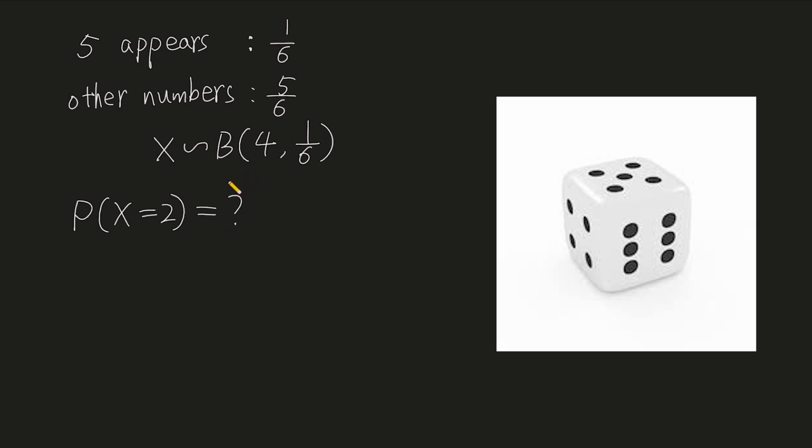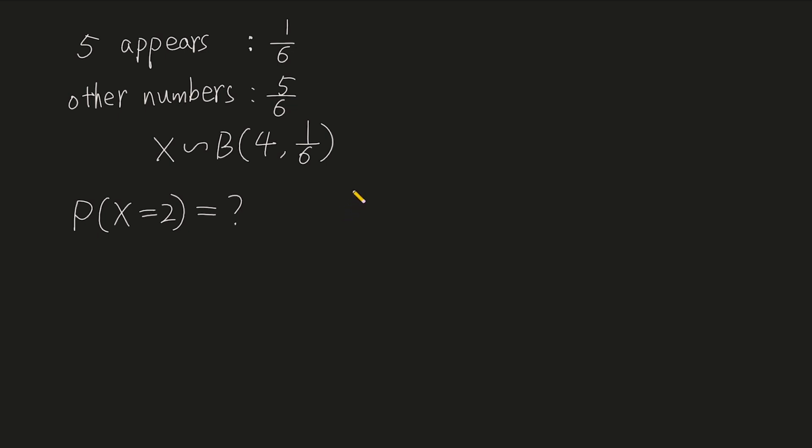Now let's analyze this. Because we do the experiment 4 times, we list them here. First experiment, second experiment, third experiment, fourth experiment. So for number 5 to appear 2 times, it can be that the first time number 5 appears.